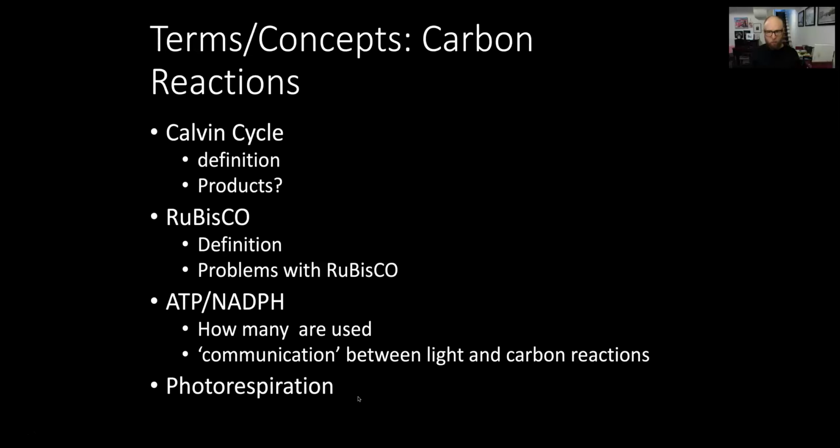Why is that name important? And remember the problems with Rubisco. And remember how ATP and NADPH in particular are used for communication between the carbon reactions and the light reactions. And then know a little bit about what photorespiration is, what that process is, and why it's a problem, but also why it can be an advantage under some situations.